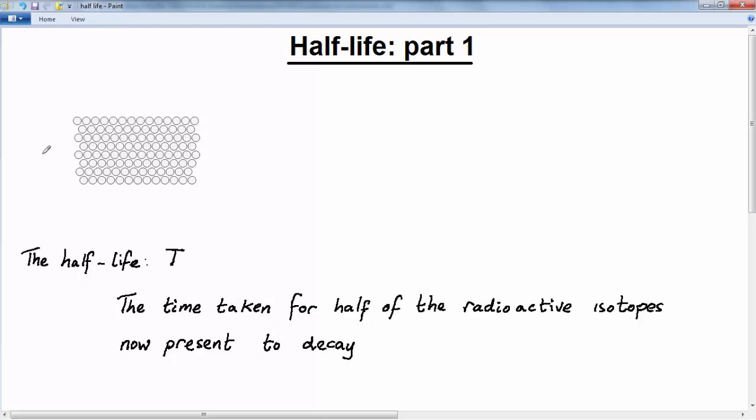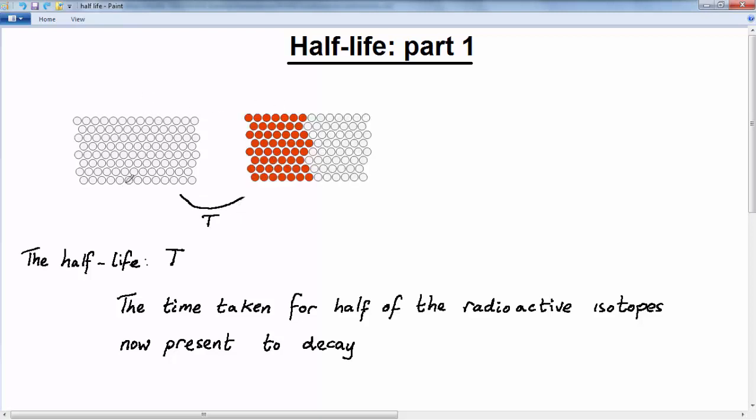Right, so let's just assume that we're starting at time t equals 0, and that at that moment none of these radioactive isotopes have decayed. So if we advance then by a time T, that's to say by one half-life, then we'll find that half of those radioactive isotopes will have decayed.